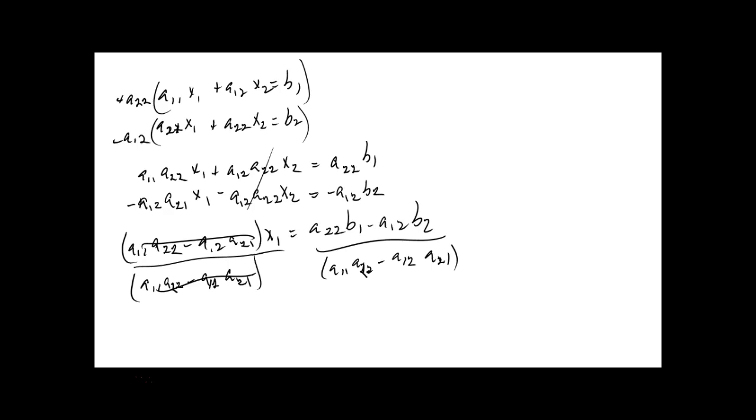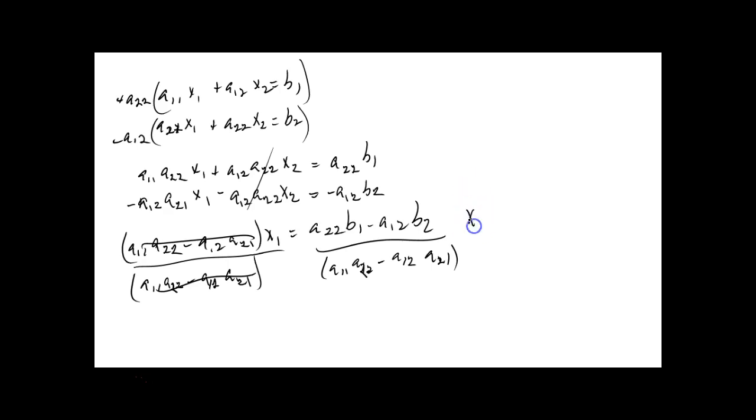Now, we're out of time, but you can do the same thing to eliminate x1 by multiplying the top equation by a21 and the bottom equation by minus a11. Then you get x2, and you'll get a similar result.